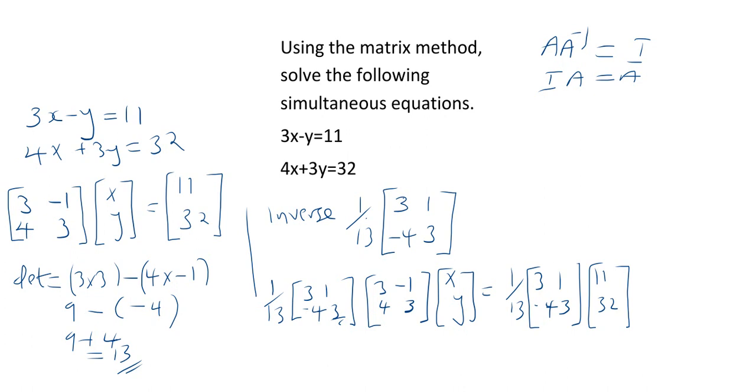So in this case, we get an identity matrix, which will be 1 0 0 1, and we multiply it with xy.